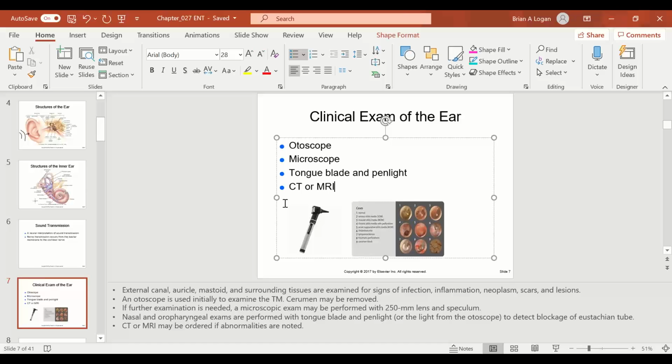And then, of course, CT scans and MRIs of the head, of the sinus cavities, can explain some things going on either nasally or even in the ear. If they see evidence of chronic or acute infections of the sinus, it may lead to what's going on in the ear.